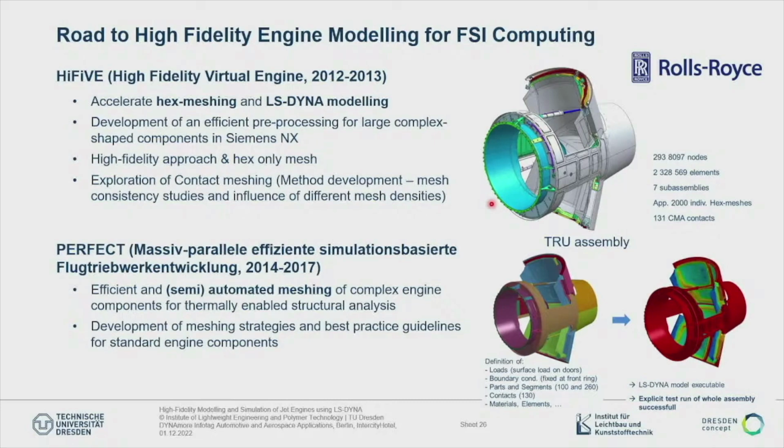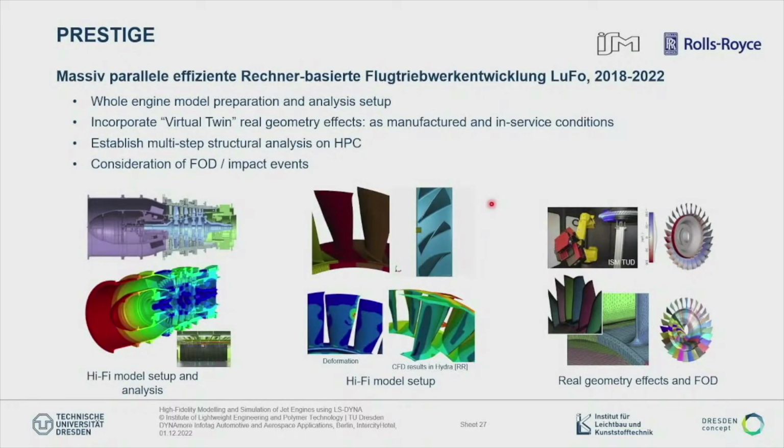This brought us to a second project called Project Perfect, also driven by Rolls-Royce, where we looked at automating such meshing and simulation, or model preparation, processes. And this brings me to the actual example I want to bring here, the last stage of this trilogy of projects, the project called Prestige.